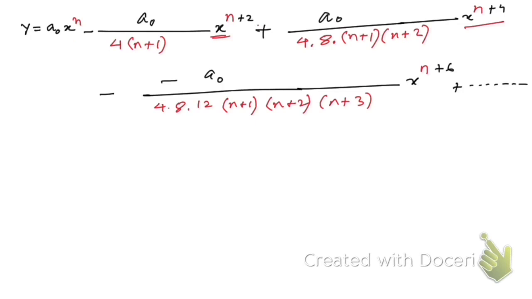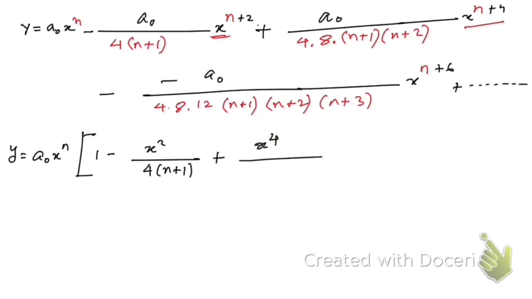After taking common, what we're gonna have, y is equal to a naught x to the power n is taken common, and within bracket we're gonna have 1 minus x square. Because x to the power n is taken common, we're gonna have x square only here, right? x square by 4 into n plus 1, plus x to the power 4 by 4 into 8 into n plus 1 into n plus 2, right?